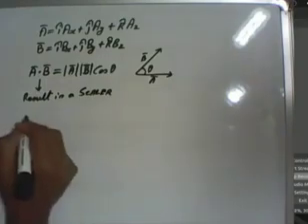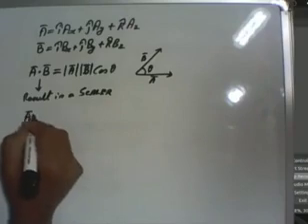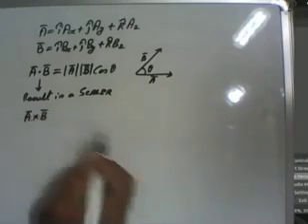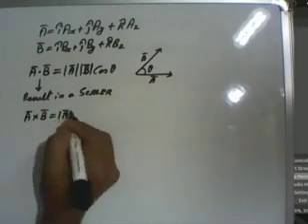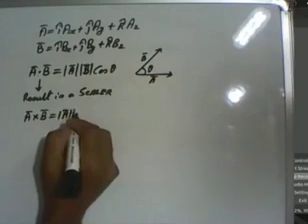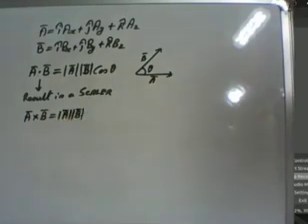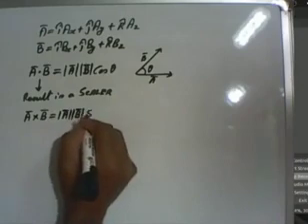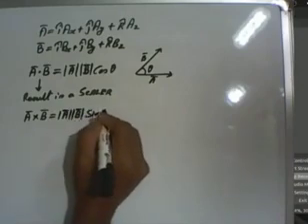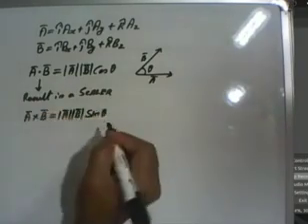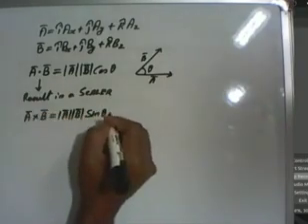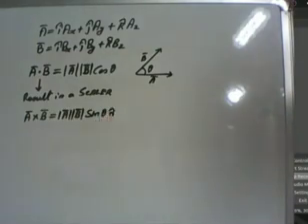And similarly, the cross product or the vector product of the two vectors is defined as the magnitude of the vector A multiplied by the magnitude of the vector B into sine of the angle theta between the two vectors, and this vector product happens to be a vector with a unit vector n, which denotes the direction of this cross product.